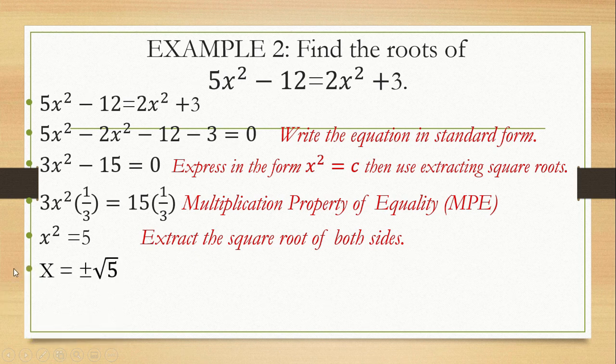So the square root of x squared is x equals positive or negative square root of 5. We still copy the square root of 5 because 5 is not a perfect square. So therefore, the roots are positive square root of 5 and negative square root of 5.